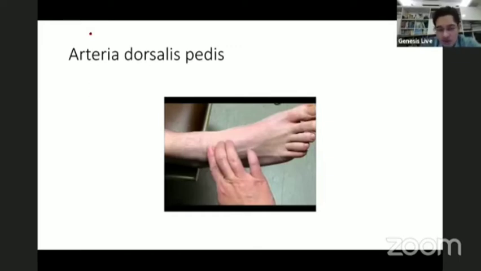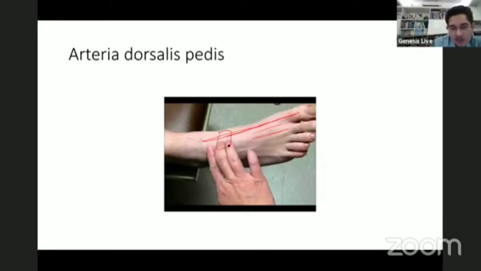Whenever you are given a case, I think almost all of us had to palpate for this artery, arteria dorsalis pedis, a very, very important artery. The examiner will never know whether you can palpate it or not, but will ask you how you localize it. It is in the first intermetatarsal space, just lateral to the tendon of the extensor hallucis longus, and you palpate it against the navicular bone.